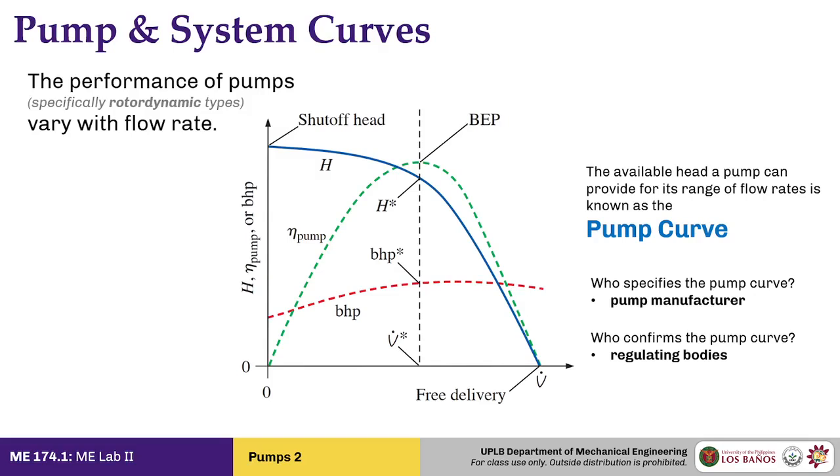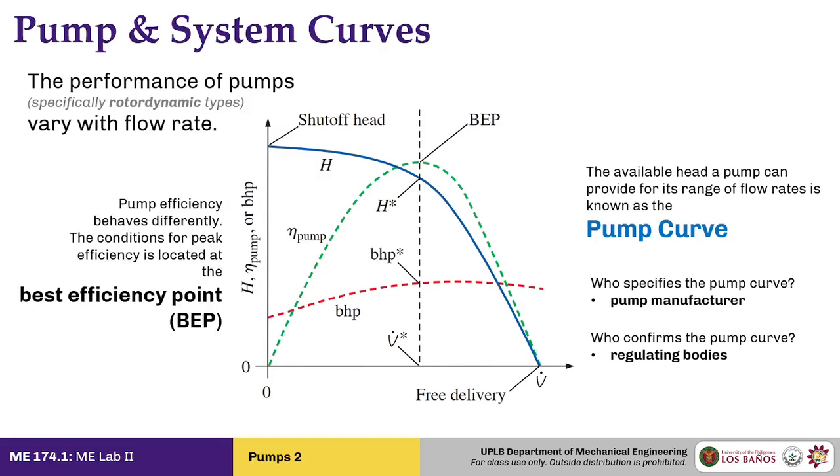Now, aside from the head, the discharge head curve, you also have curves for efficiency and curves for power consumption. That is the green dashed line in this curve, and the power curve is the red dashed line. So in particular, with the efficiency curve, you'll see a peak in the curve.